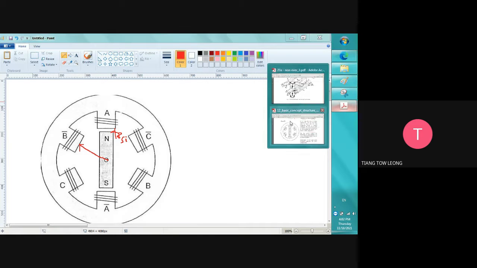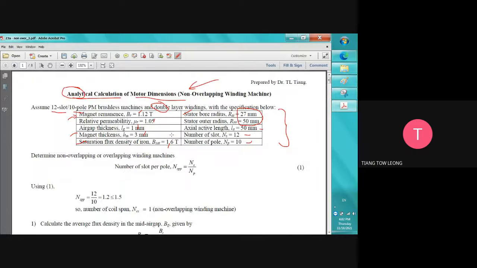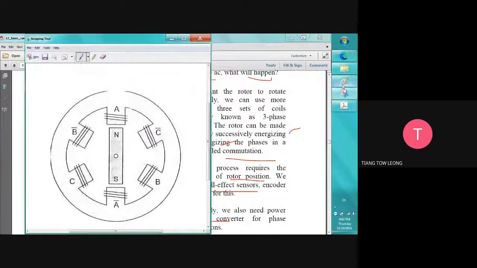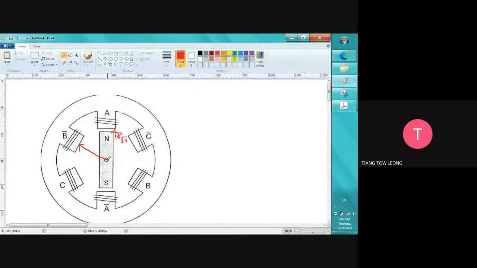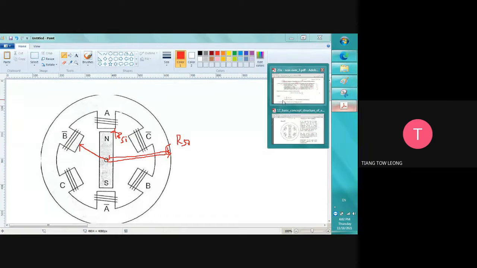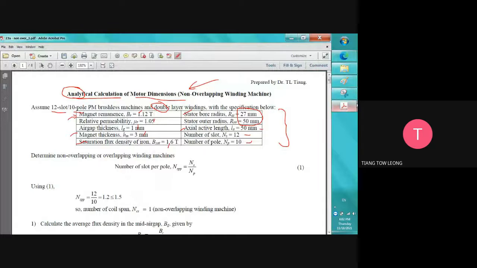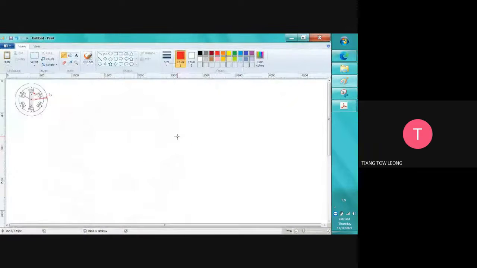Anything else? Stator outer radius. This is the RSO, which means the length from here to here. And then axial length means the length of the motor, kepanjangan dia.